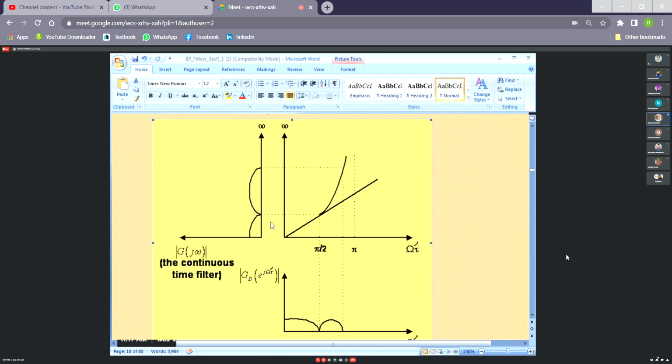So if you take a projection of the salient values of omega here and here, and come back here, what will you get? A frequency response of this form. So that is a compressed version of the frequency response of the continuous time filter. This is the frequency response of the digital filter that you obtain by bilinear transformation.